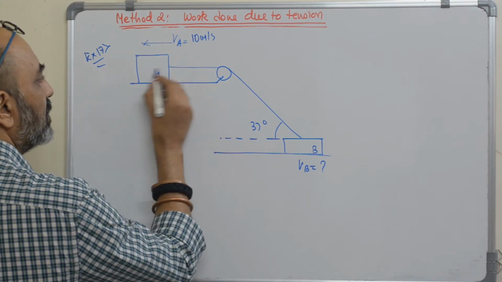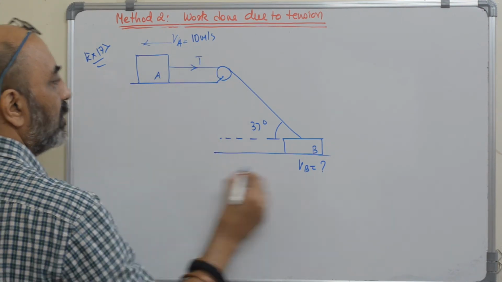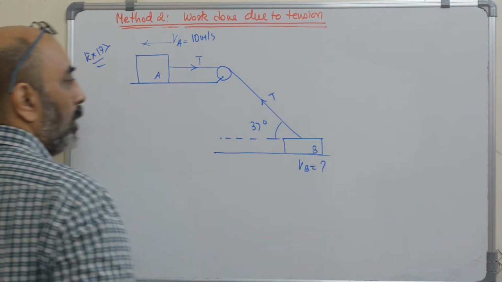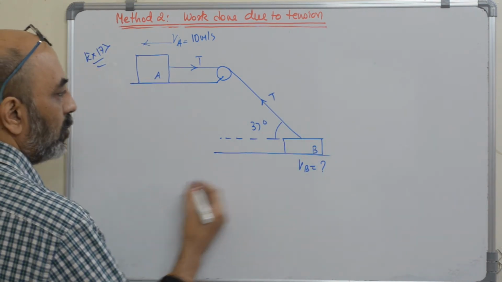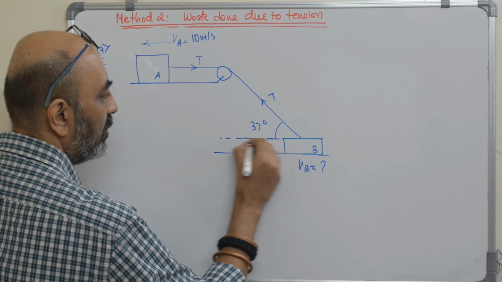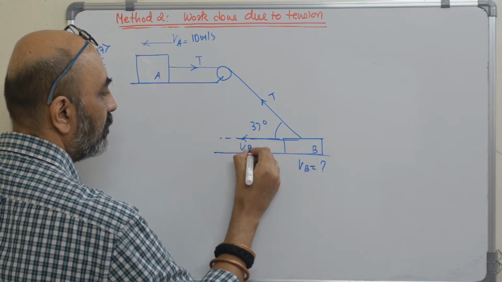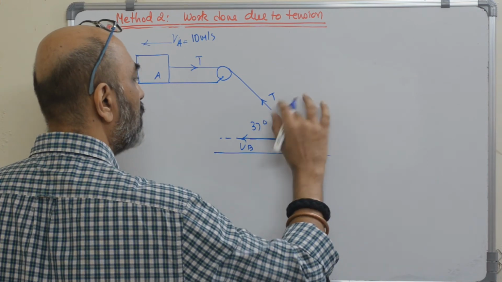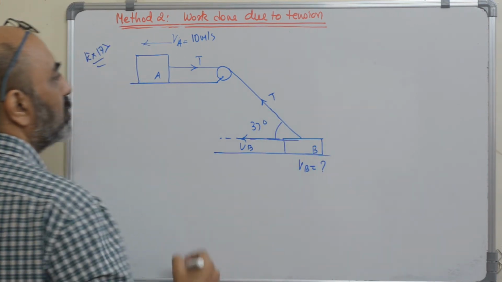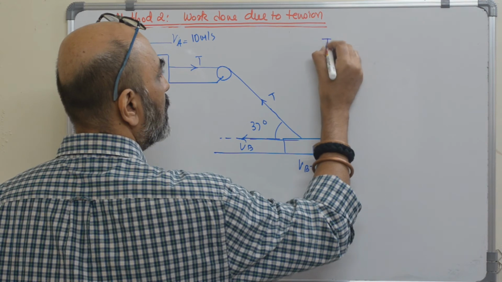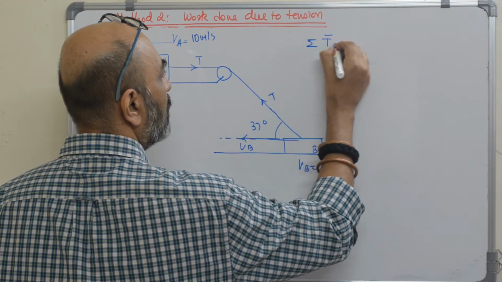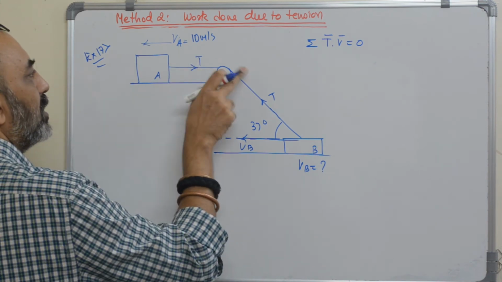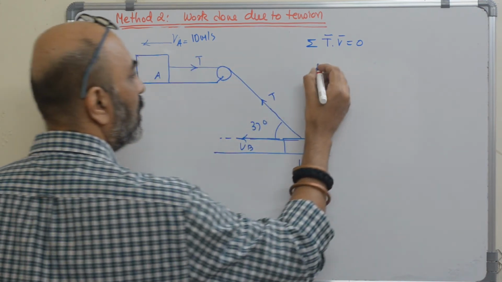Okay, as far as A is concerned, you're going to have tension here. As far as B is concerned, you're going to have tension there. So we, I think, know this is VB, so VB इधर है, this is VB. So component of velocity here is going to be VB cos theta. But लेने का भी ज़रूरत नहीं है, I'll show it to you why. So we know we have summation T vector dot V vector equal to 0. So यहाँ we will apply T इधर है, velocity उधर है, opposite direction है, so minus.